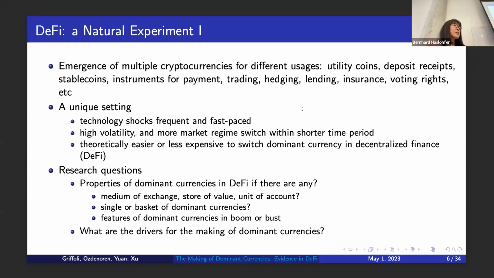And theoretically, it's easier to switch between currencies for different usages. So we're going to use DeFi as a lab to conduct a natural experiment to see whether there is any dominant currency in DeFi and what the properties are.